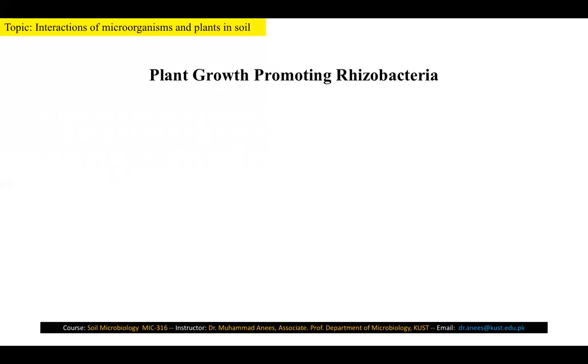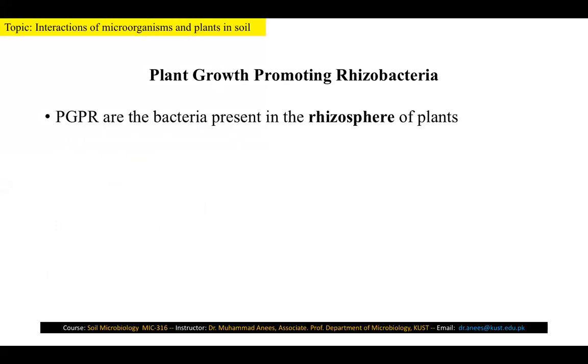Now, the third type of relationship between microorganisms and the plants in soil is the plant growth promoting rhizobacteria, that is PGPR. What are PGPR? PGPR are the bacteria that are present in the rhizosphere of the plants.